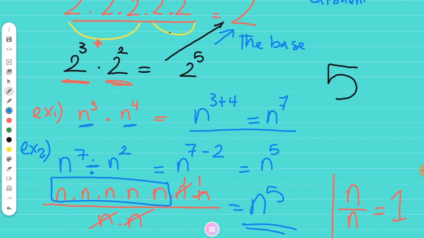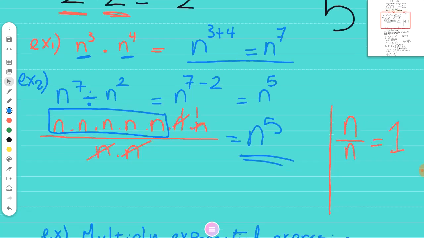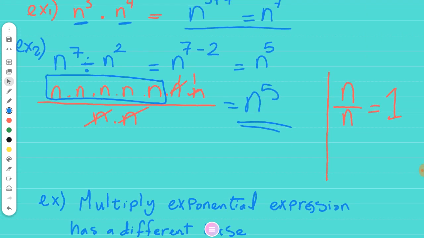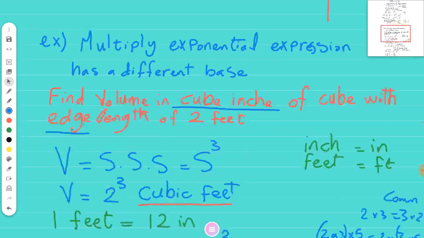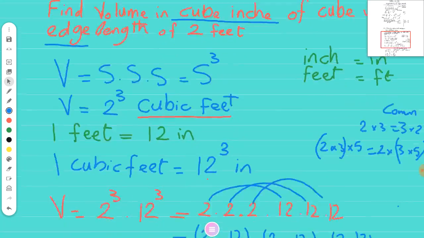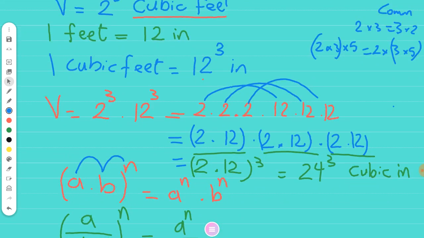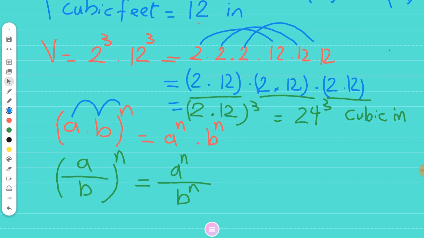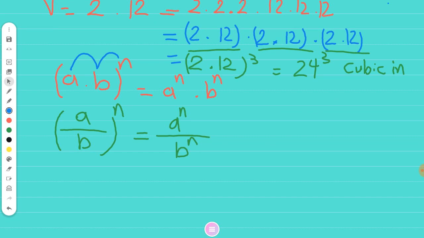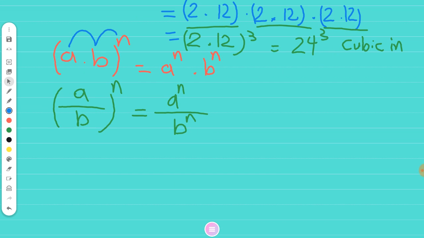The second property, in case of division, we subtract powers. Third, if I have different bases, I can distribute the power in case of multiplication and in case of division. So we have 3 properties now.